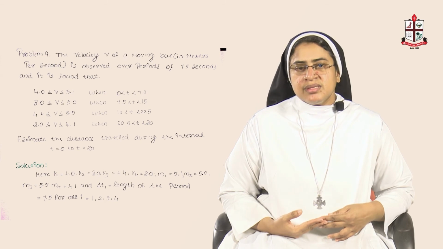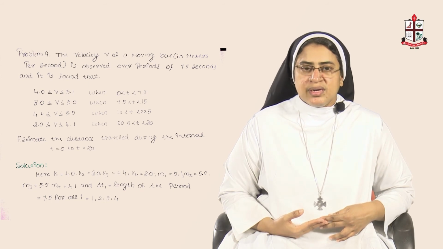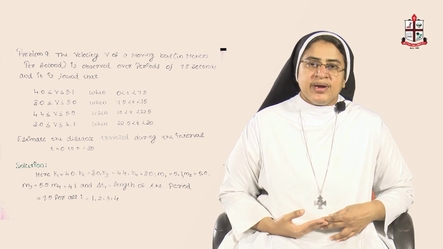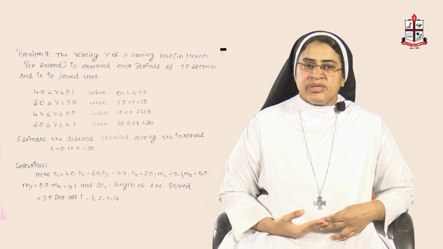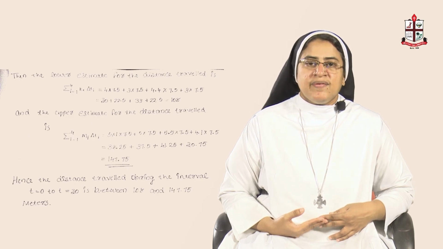The time intervals are the same: the length of each period, delta t1, delta t2, delta t3 and delta t4, is 7.5.